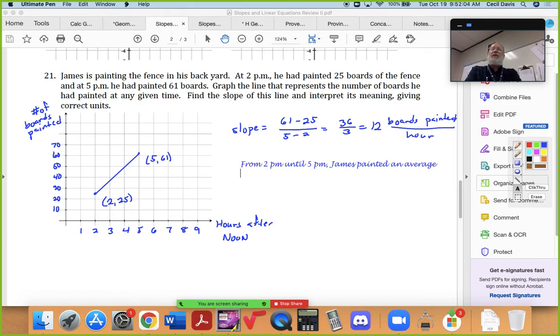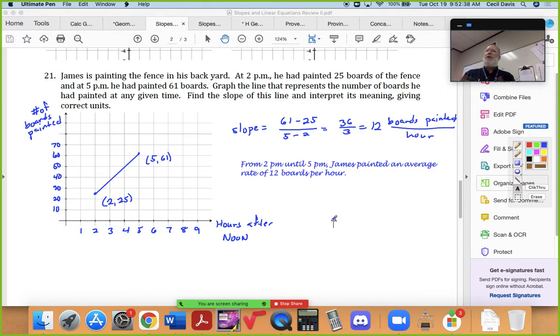Or even if you just say that it's a rate of, we don't know that that rate is always the same. You have to say that it's at an average rate of 12 boards per hour. There are probably other things that would be acceptable for you to write, but that's, I think, the shortest, easiest way to write it.